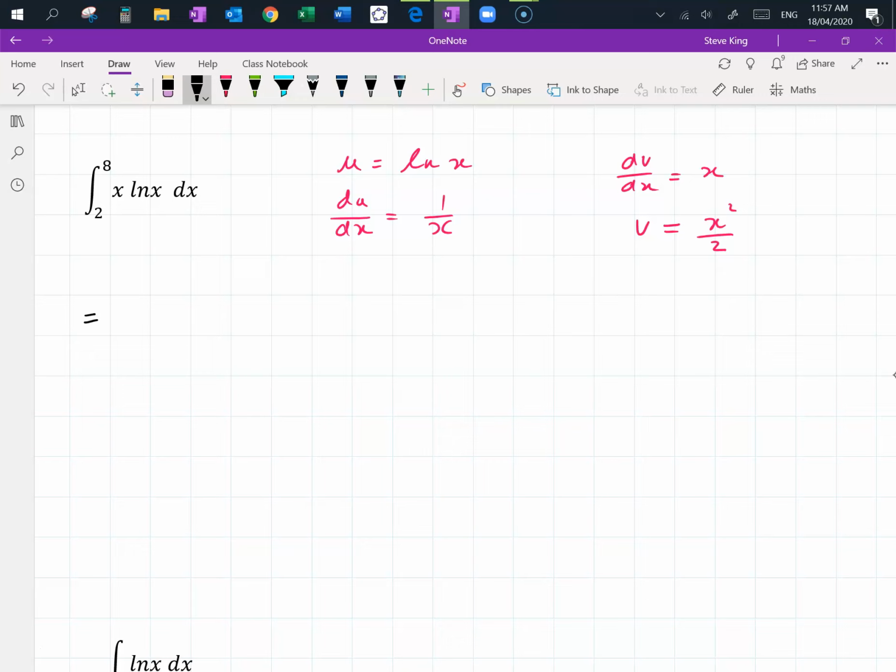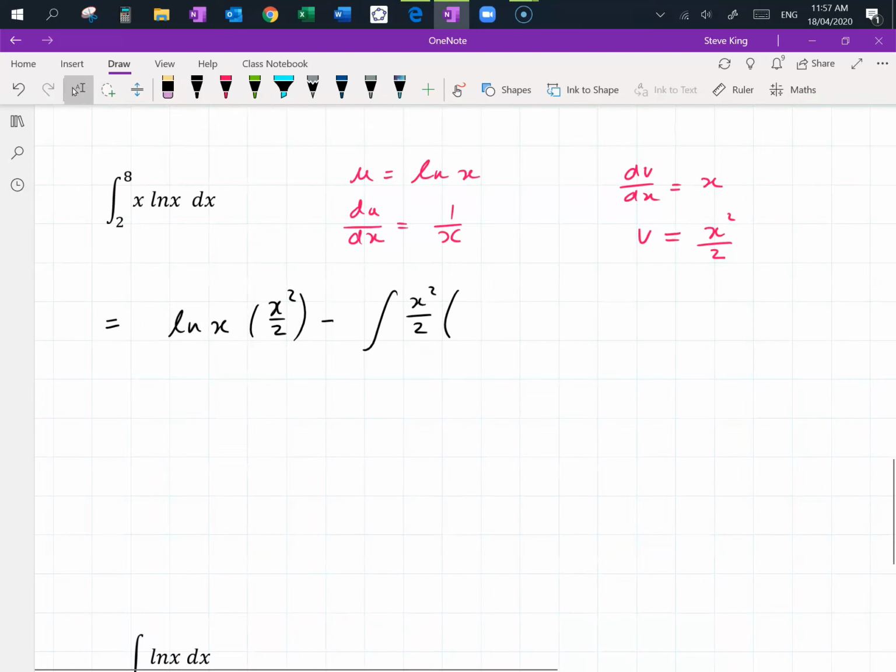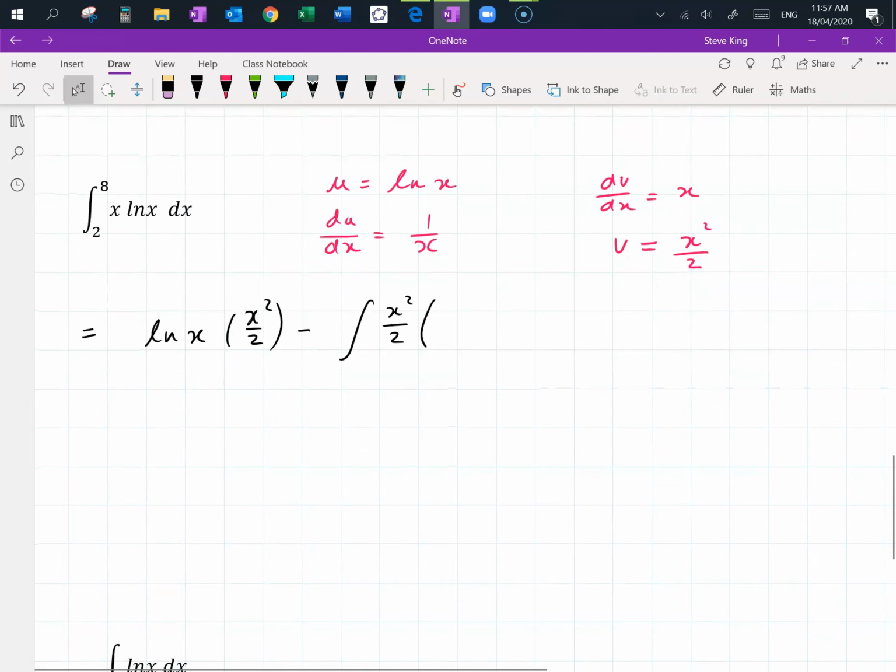So it's u, which is ln x, times v, which is x squared over 2, minus the integral of x squared over 2, times du dx, and du dx we've seen is 1 over x dx.